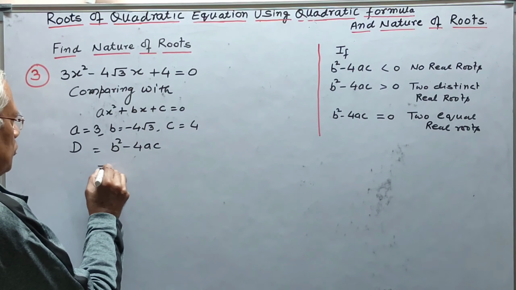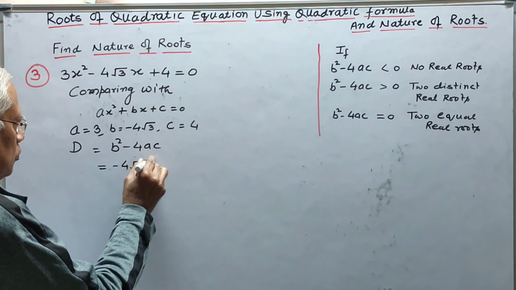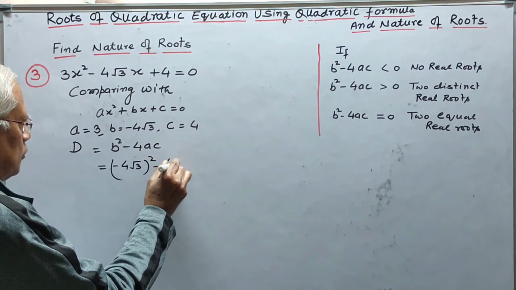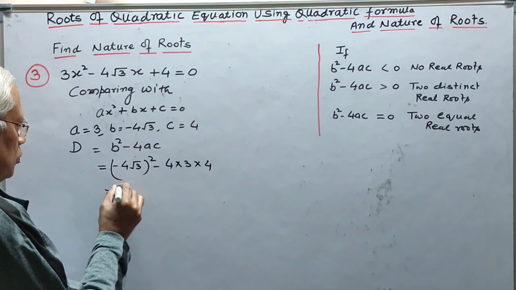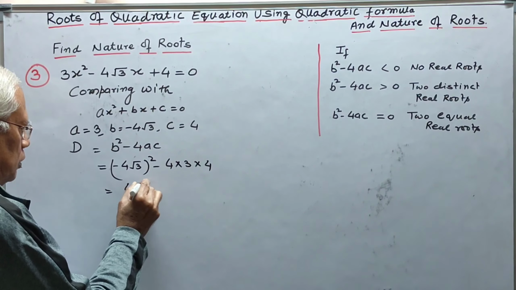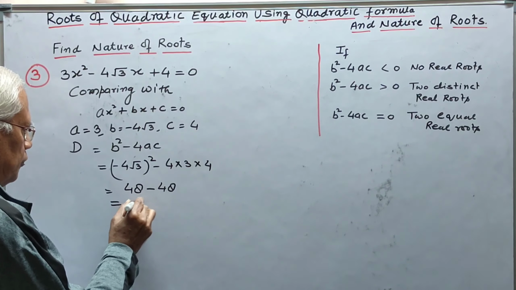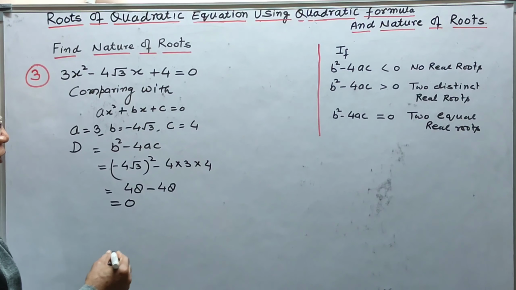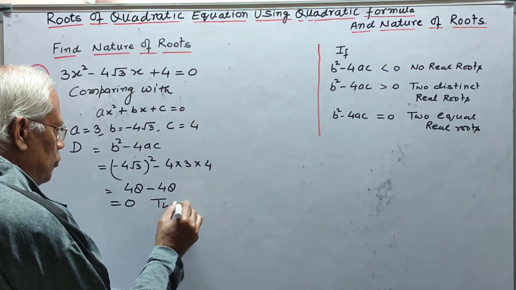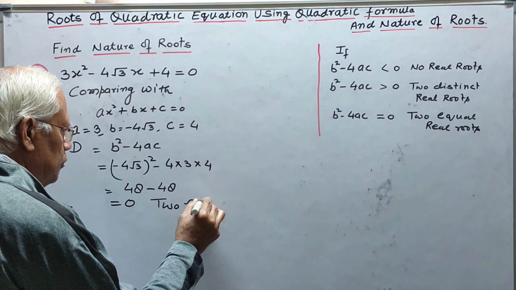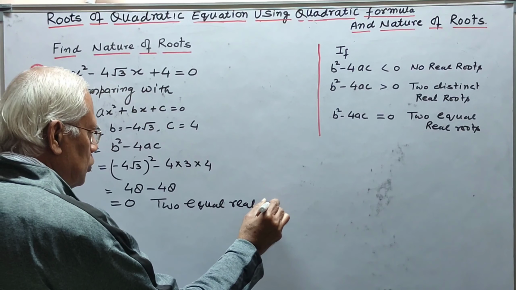Discriminant d is equal to b, that is minus 4 root 3 whole square, minus 4, a is 3, c is 4. So this is 48 minus 48, 0. So the given quadratic equation will have two equal real roots.